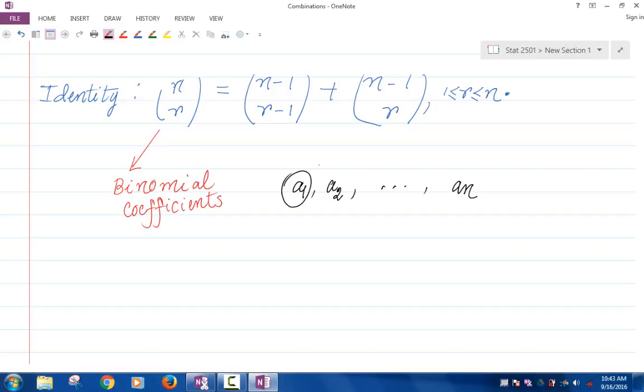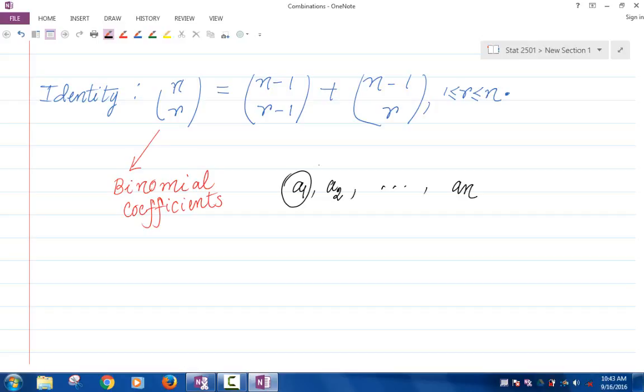Okay, can you tell me how many subgroups of r elements taken from n elements will contain the specific element A1? How would you count that? Well, start by putting A1 there. So A1 is there.